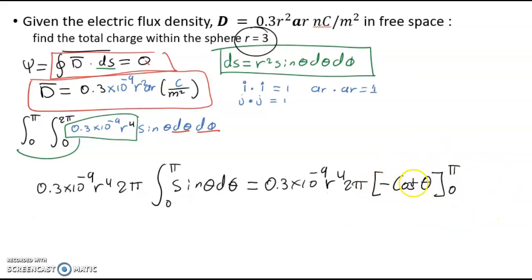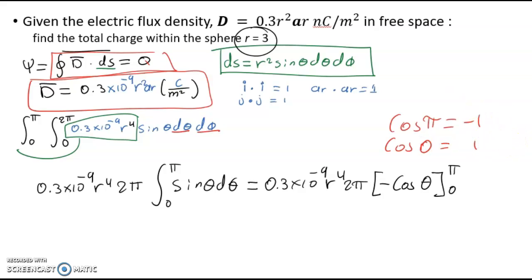If we evaluate minus cosine of theta from 0 to pi, we remember that cosine of pi is minus 1 and cosine of 0 is 1.